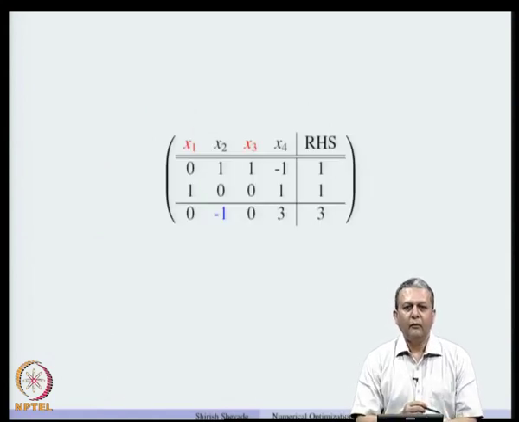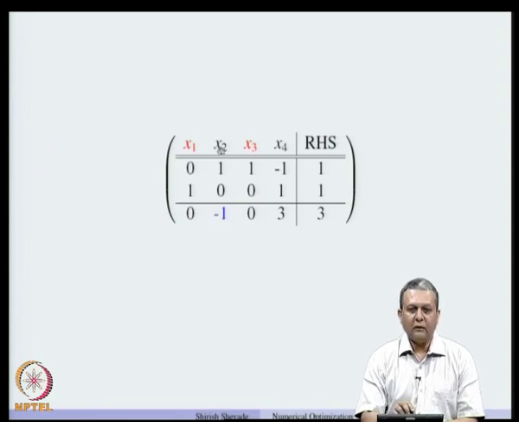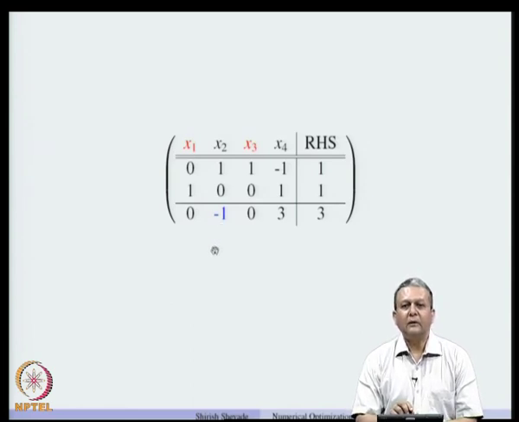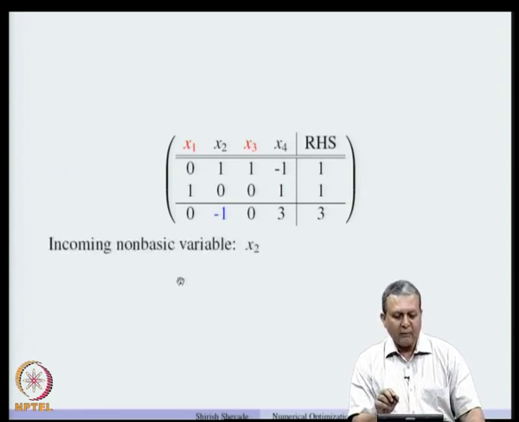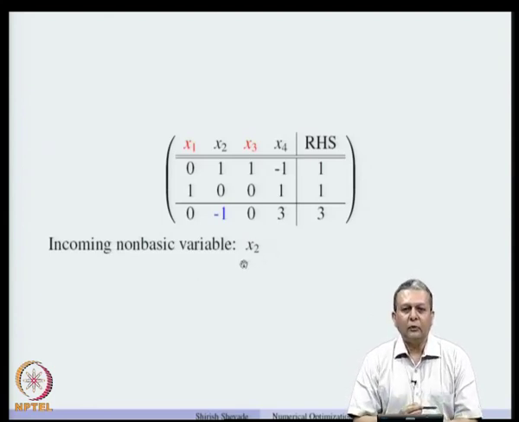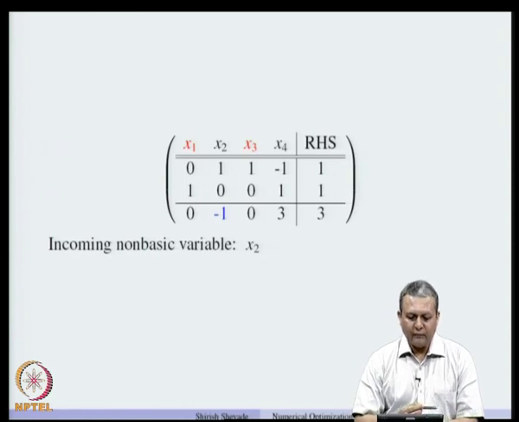Now, this is the current point that we have, and the last row entry corresponding to the non-basic variable x2 is negative. So, that means that x2 is the only candidate non-basic variable which can be made basic. So, the incoming non-basic variable is x2, and then we apply the minimum ratio test.